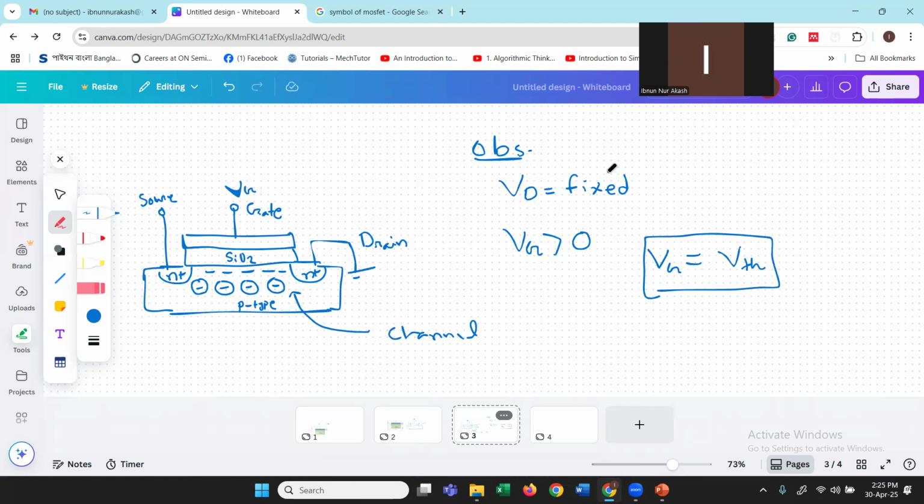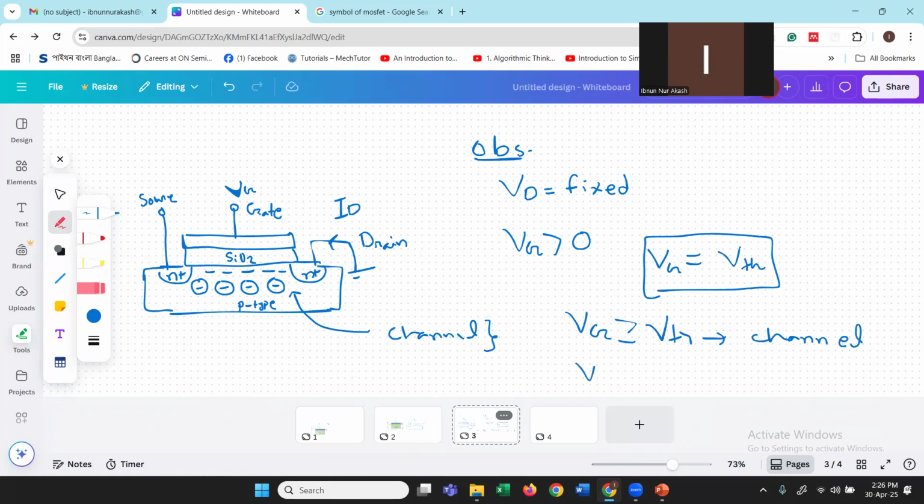And as soon as we create this channel and our drain voltage is already connected by a battery, then we will get a current. And this current is called the drain current. So intuitively we can say if VG is equal to or greater than the threshold voltage, we can get a channel.